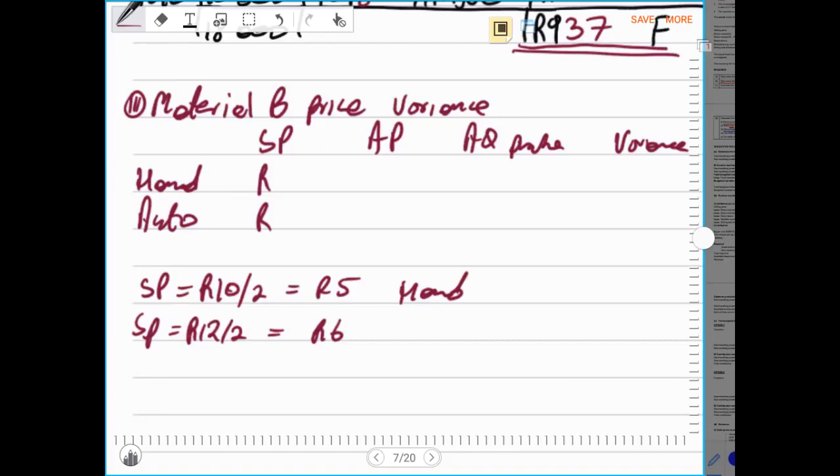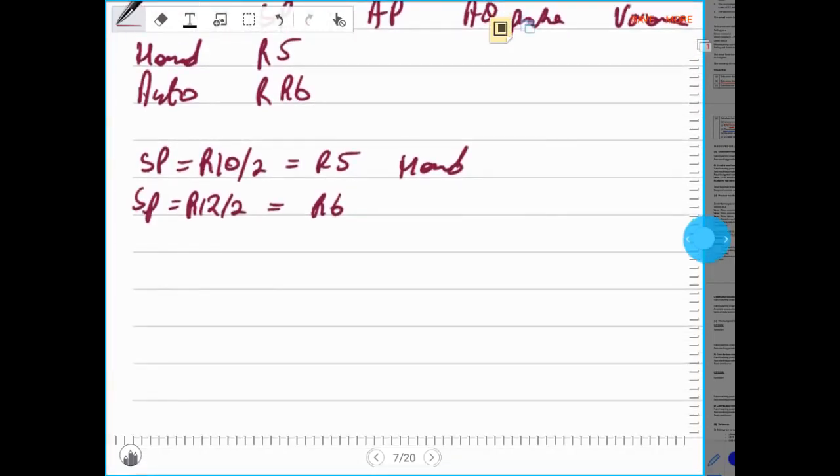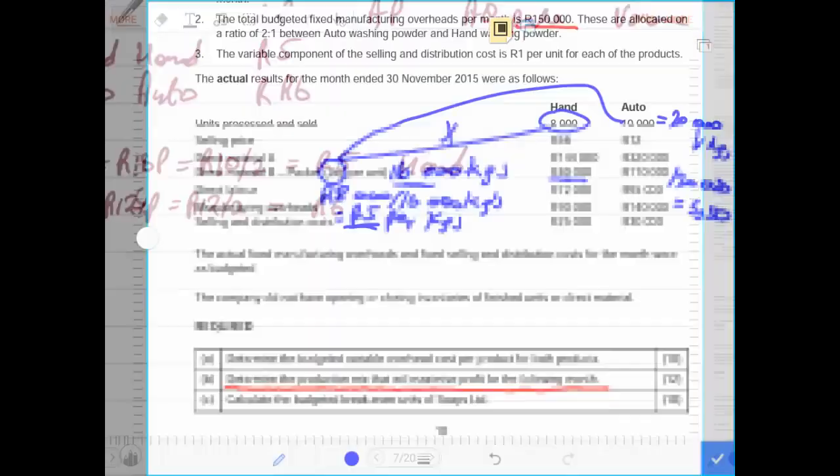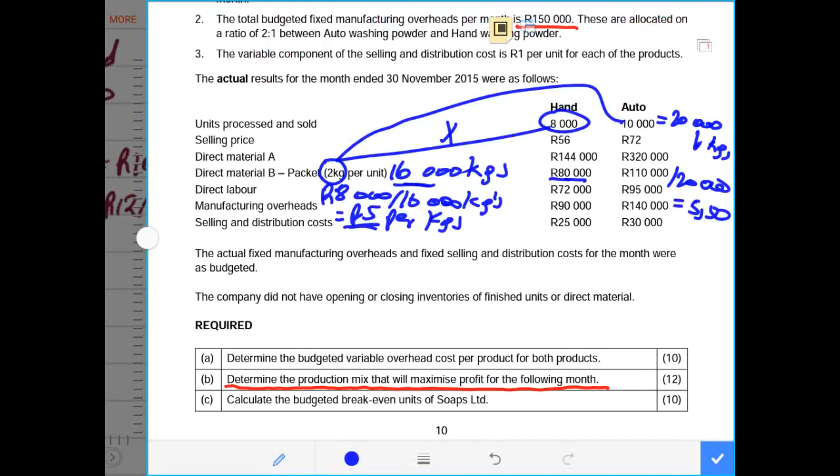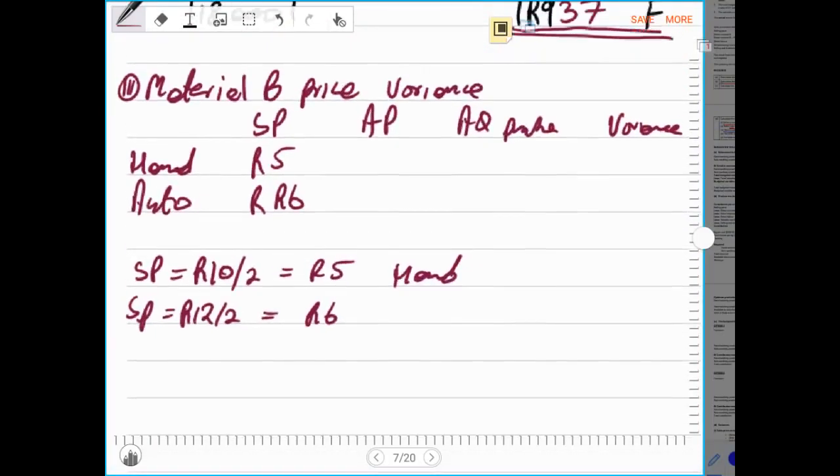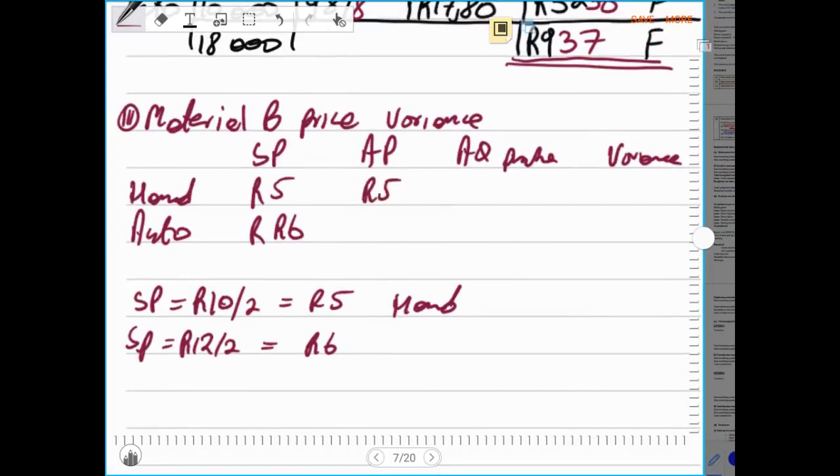Then we have the actual, which is 5 rand for hand and 5 rand 50 for auto. So for hand, the budgeted was the same as the actual. So we have 5 rand and here we have 5 rand 50 cents. So there will definitely be a variance.